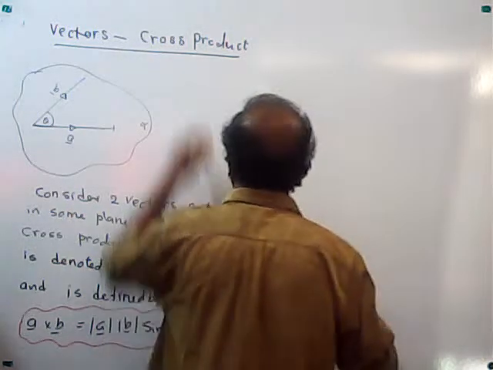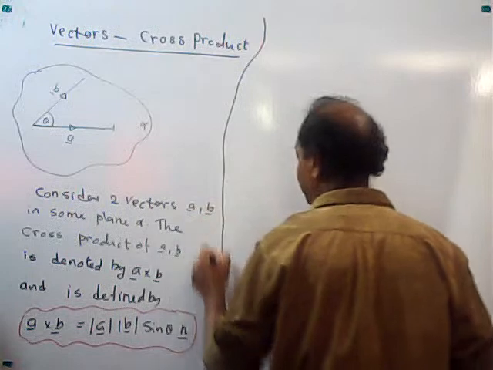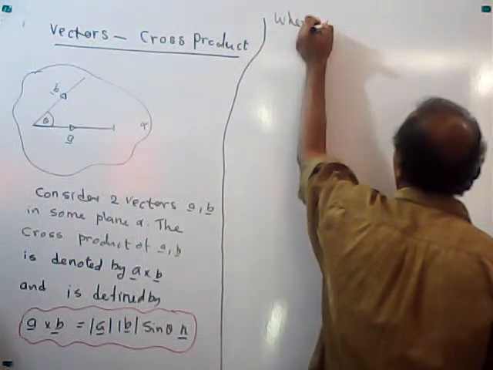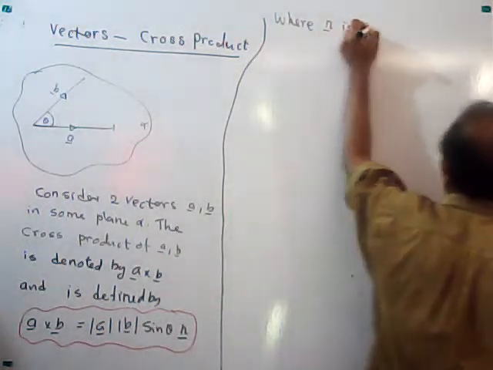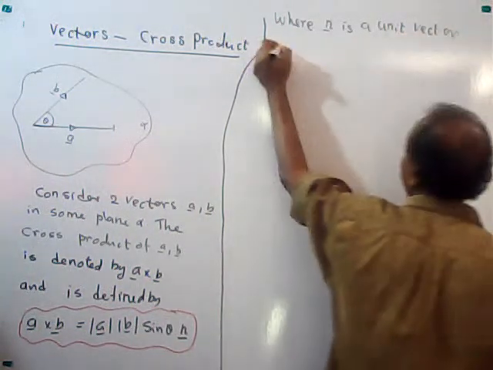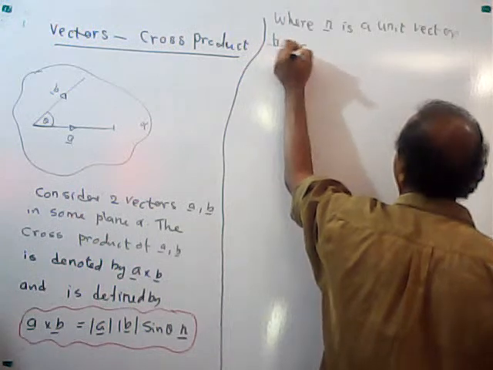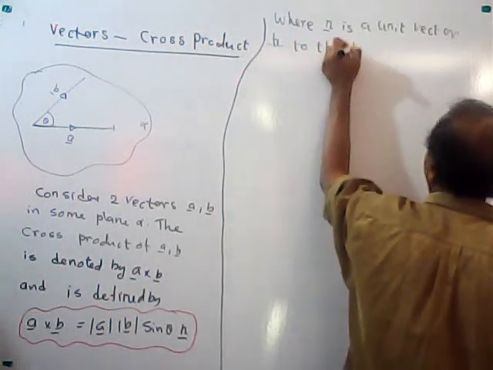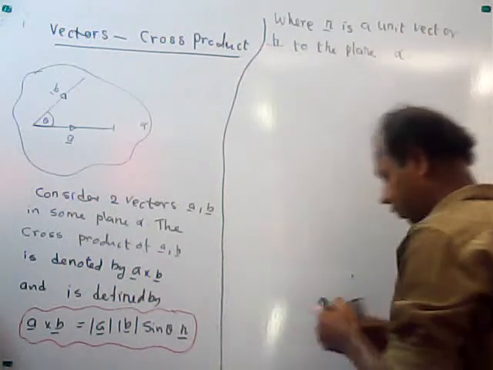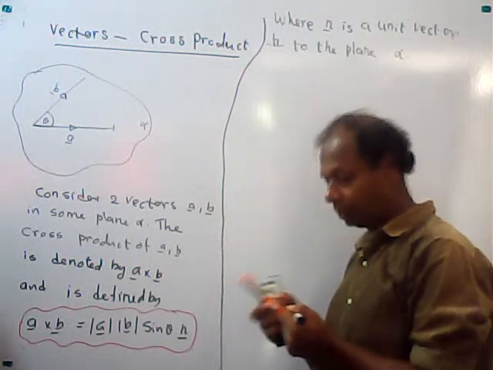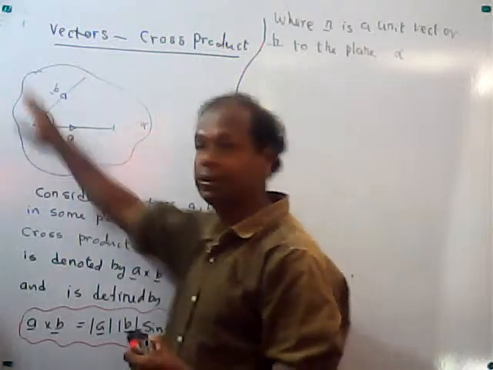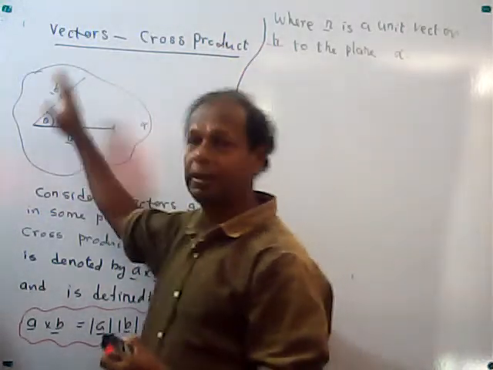Where n is the unit vector perpendicular to the plane alpha, a normal unit vector. When you say perpendicular to the plane alpha, this is the plane containing A and B.